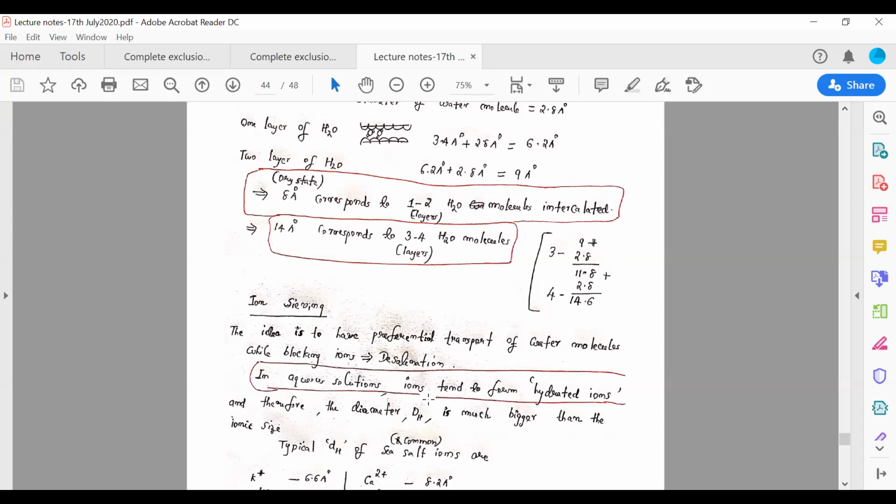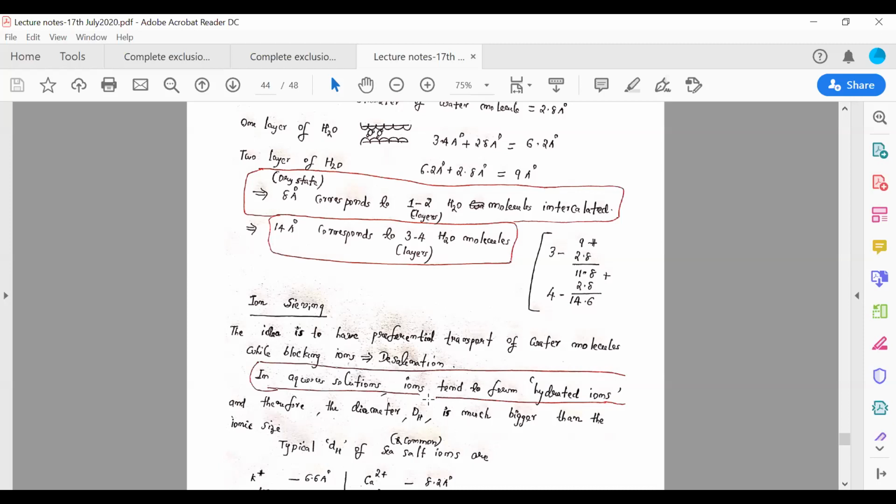Okay, so any process has to minimize the energy. This is the minimization process where ions in aqueous solutions, in water solvents, form hydrated ions. They are not simple ions, they are hydrated. You can estimate for each ion how many water molecules are surrounding them.